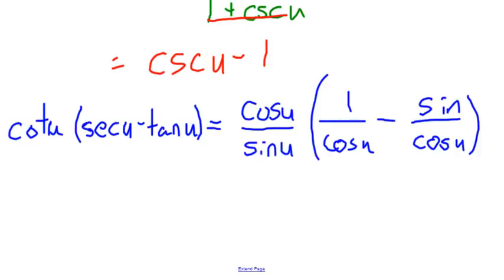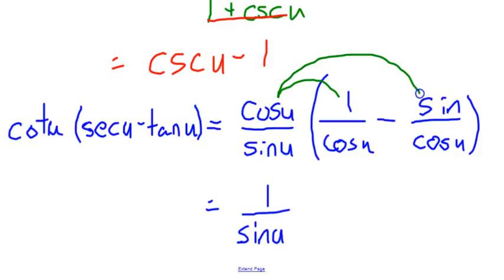Now, if we distribute this first fraction through, the cosine in the numerator and denominator will cancel out, so we'll be left with 1 over sine of u. And then if we distribute the first fraction by the second fraction, we'll have cosine u times sine u divided by sine u times cosine u.